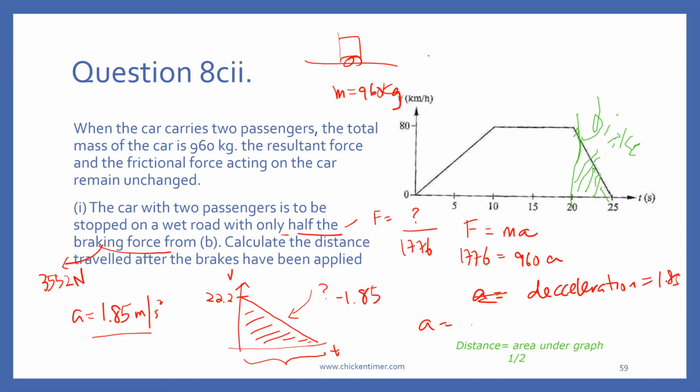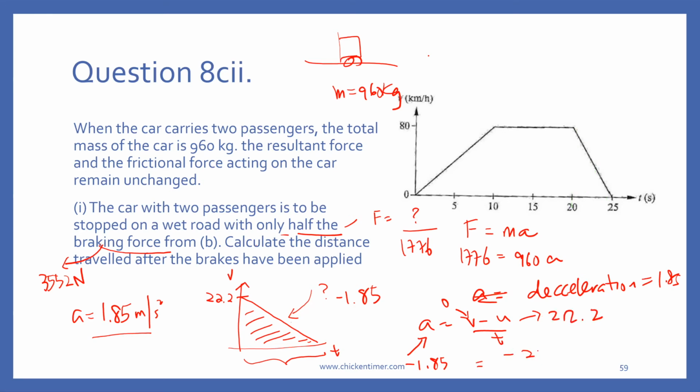Acceleration is final minus initial over time. So acceleration is minus 1.85. Then final speed is 0. Initial is 22.2. Then what is the time? Negative 22.2 over t. t will be negative 22.2 divided by negative 1.85. t is 12 also.